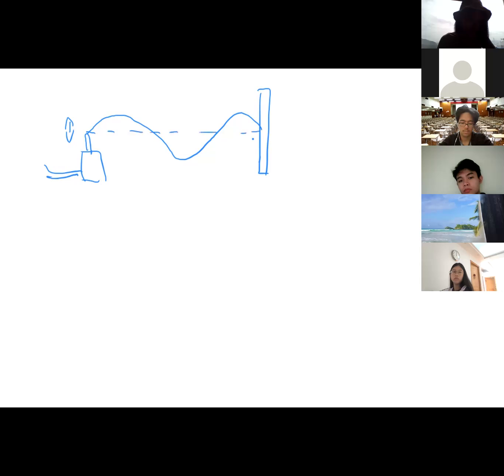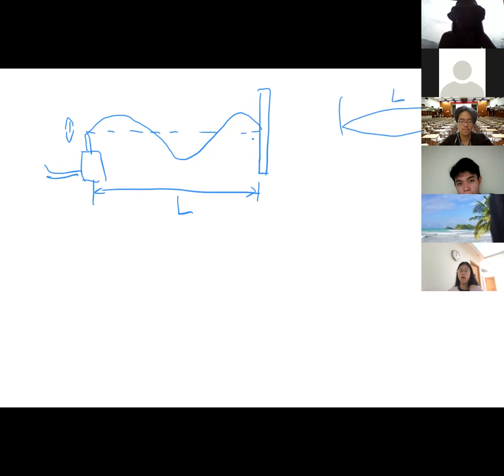For the stationary wave to happen, this length should be related to the possible wavelength. The first order is like that, right? So in this case, L should be equal to lambda over 2. This one is actually showing half of the lambda.